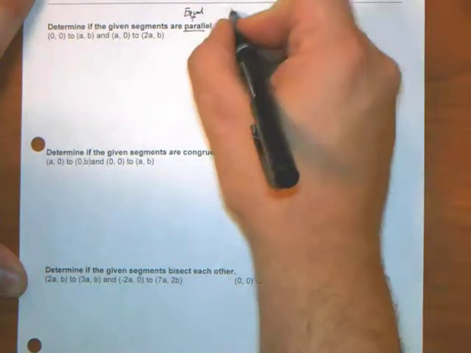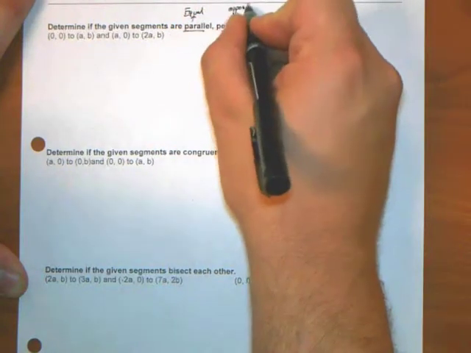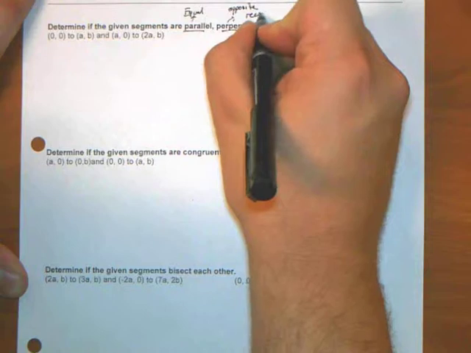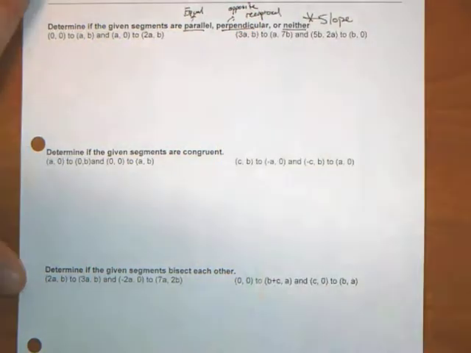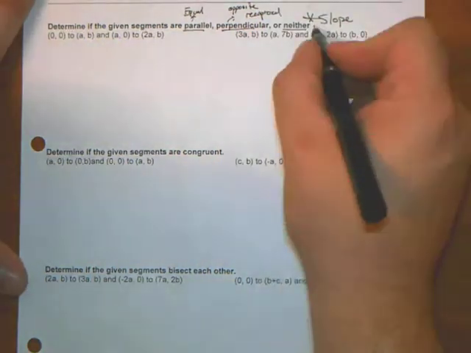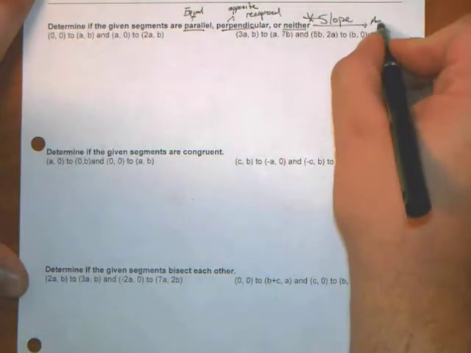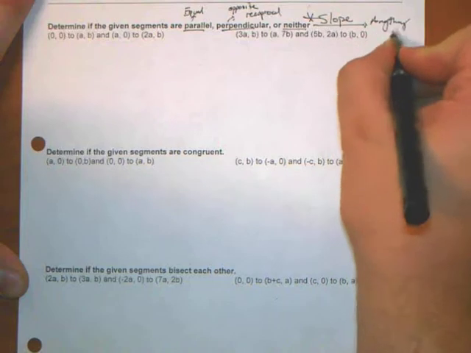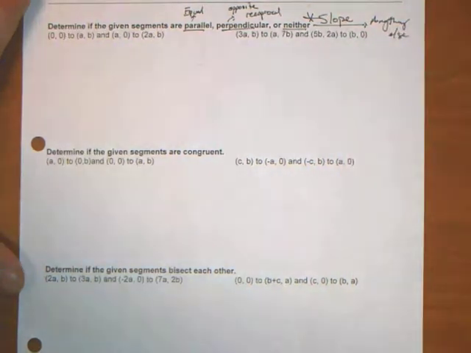Perpendicular means opposite reciprocal slopes. And neither would be just none of the above, anything else.